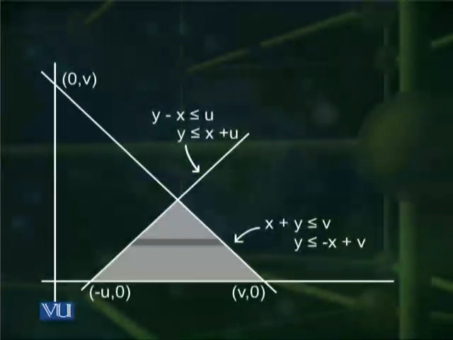As you increase v, this line goes away and away from the origin in the first quadrant, and more region of xy plane is included in the computation of the CDF of u and v.